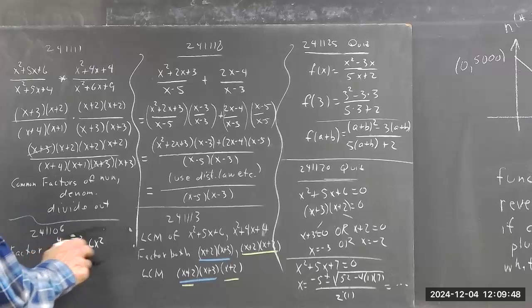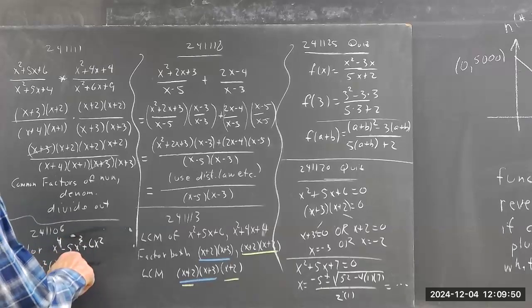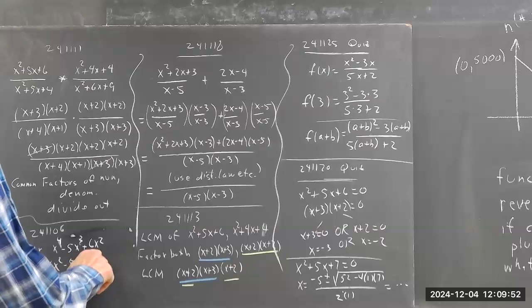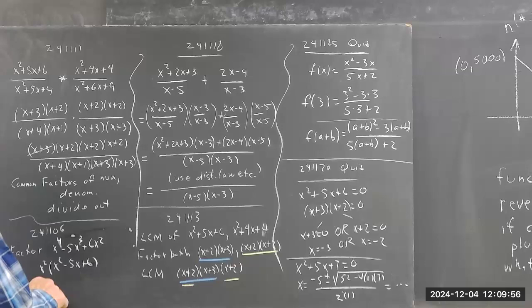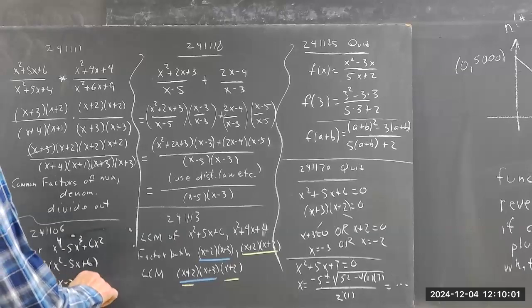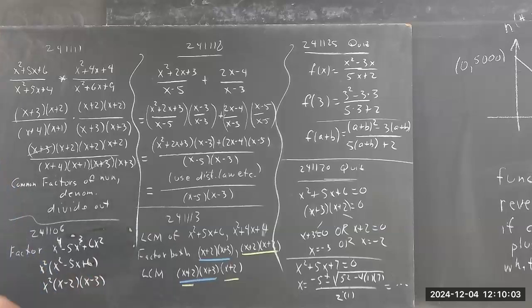Well, you can factor an x squared out of this. You're going to get x squared minus 5x plus 6. And now you can factor x squared minus 5x plus 6. And that's completely factored.